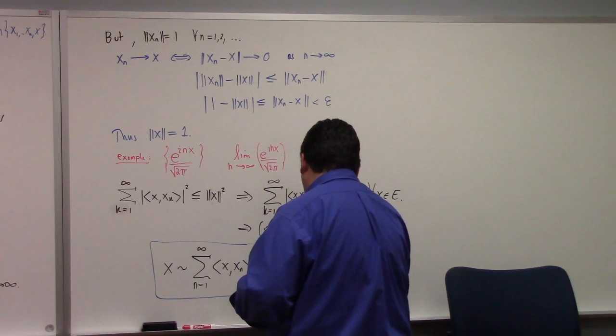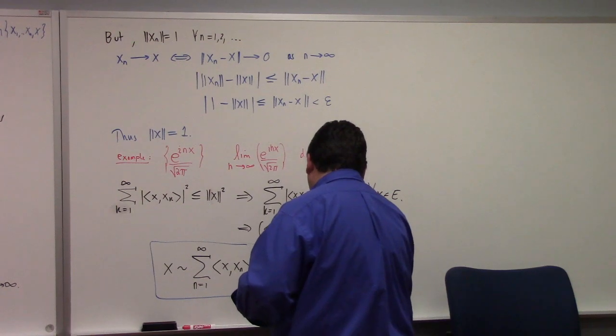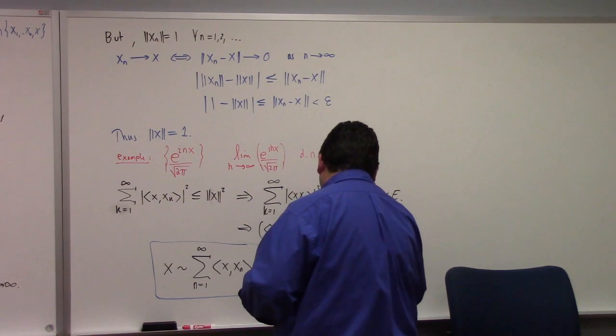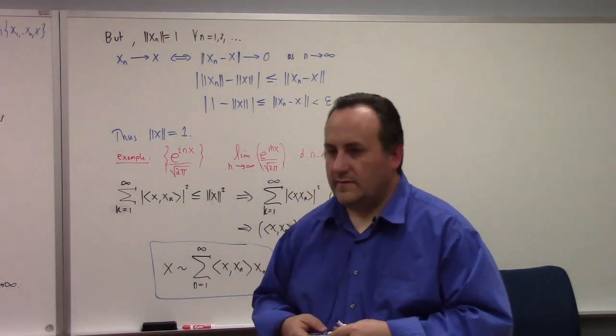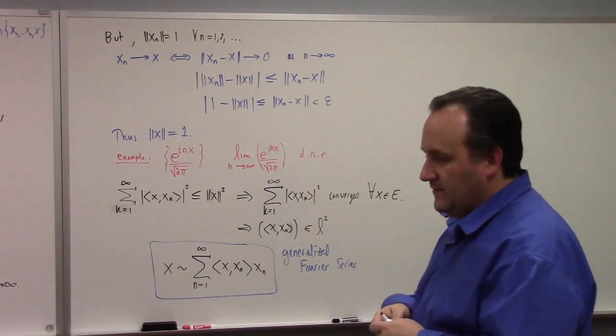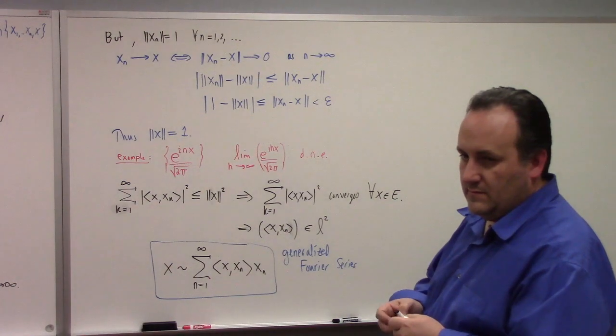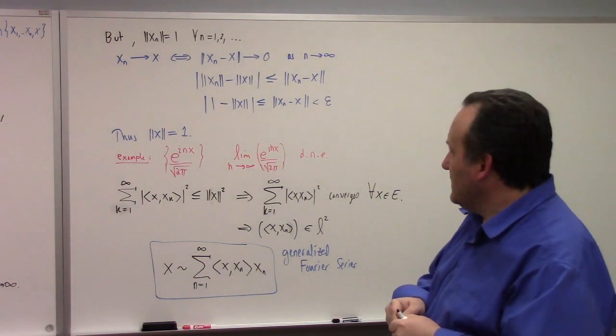So if we have an orthonormal sequence of vectors in an inner product space, then we can form the generalized Fourier series of an arbitrary point in the inner product space.